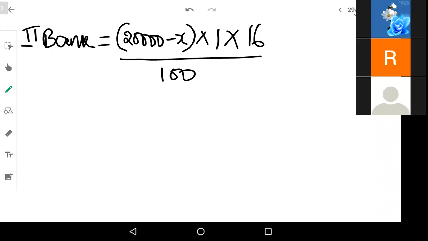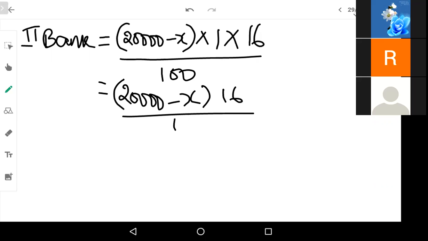Now let us do the simplification. Now here you will have 20,000 minus X into 1 into 16 is 16 divided by 100.